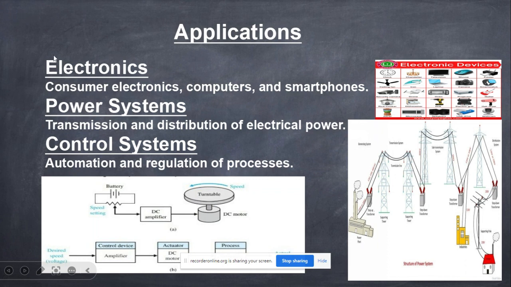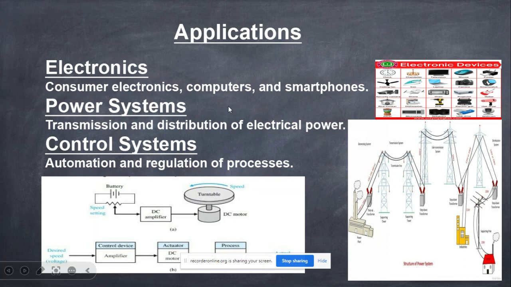There are different types of electronics, which are consumer electronics, computers and smartphones. As you see, this is a clock, television, mouse, printer. So there is a variety of electronic devices.